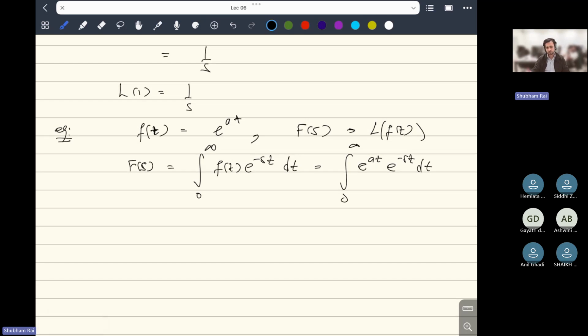So whenever you are stuck, you just go back and write it as limit T approaches infinity, 0 to T. Please tell me what should be the answer of this limit.